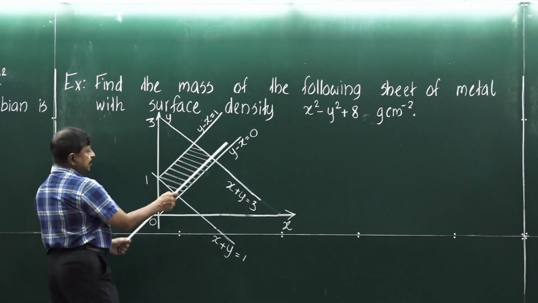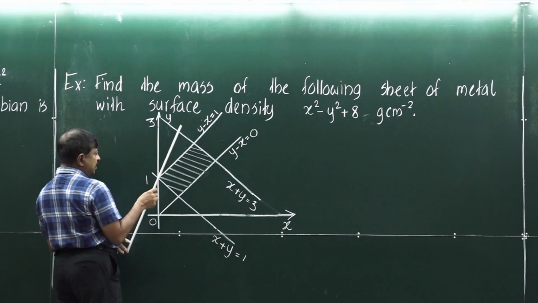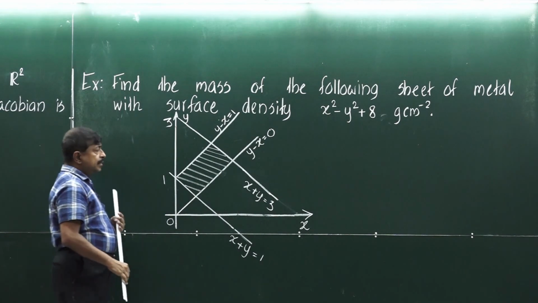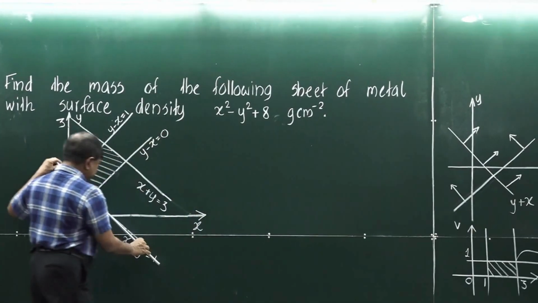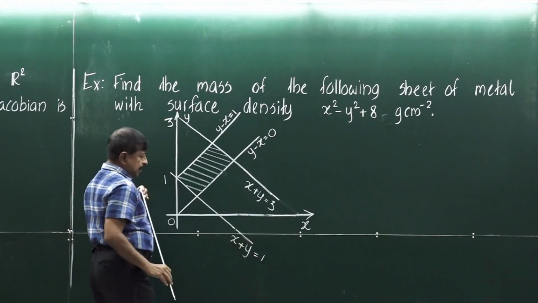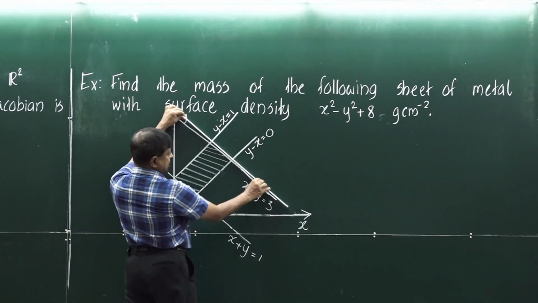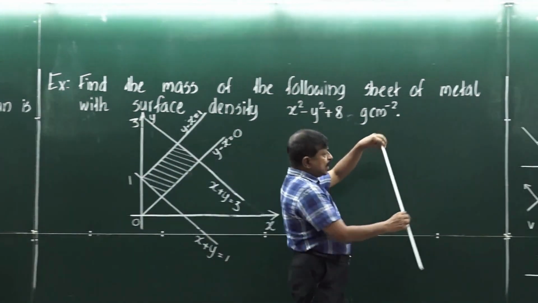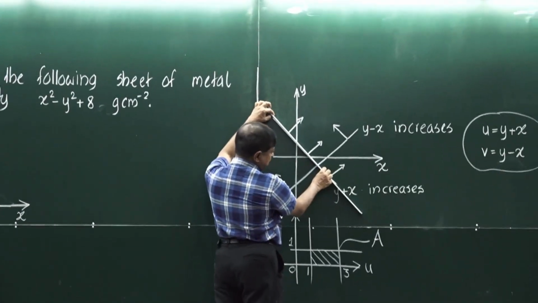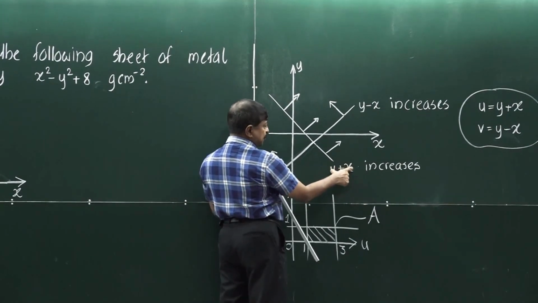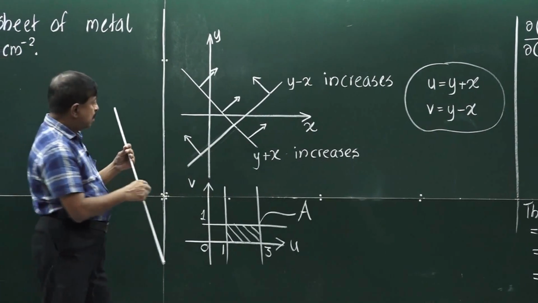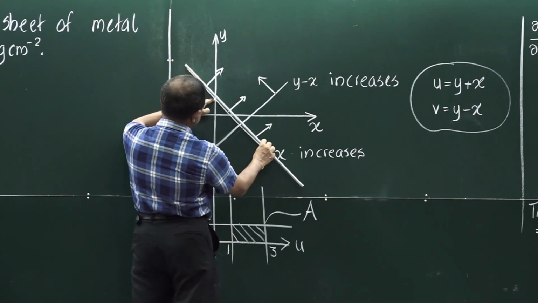You can see that these two lines are parallel, and the third and the fourth lines are also parallel. If you take this one, for example, x plus y is equal to 1, the next line is x plus y is equal to 3. Now, if you take one coordinate as x plus y, equal to some u, then u is the intercept here.